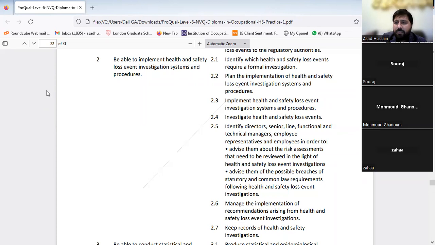For example, I have performed an investigation with my team, so definitely I have some outcomes there, and some suggestions, some guidance on how these things went wrong, and I have identified the root causes, the immediate causes, and underlying causes. Now I am in a position to suggest some remedial actions, some good practices.